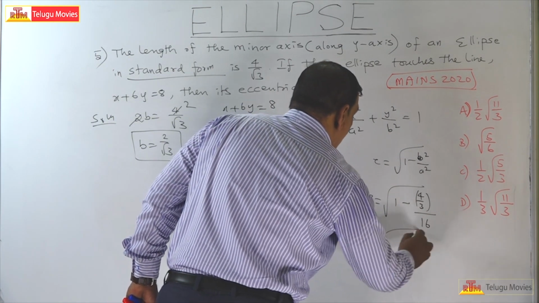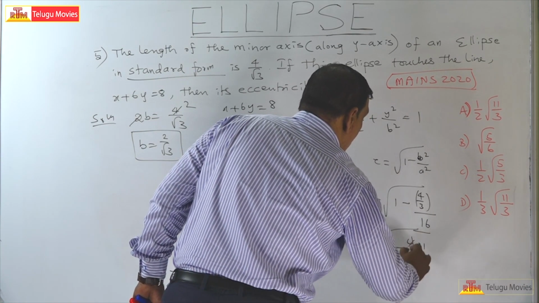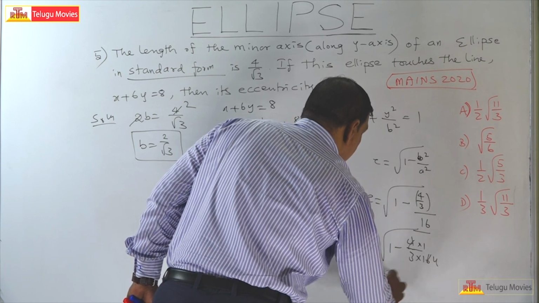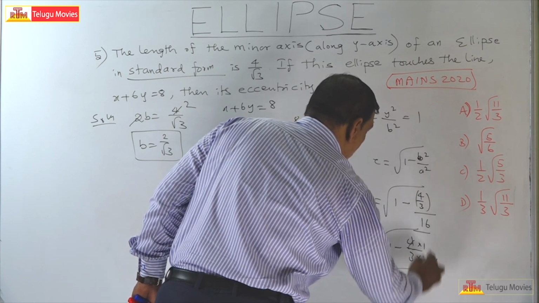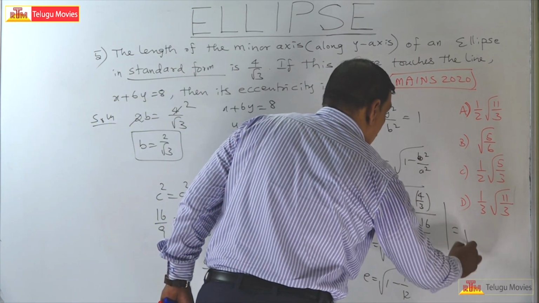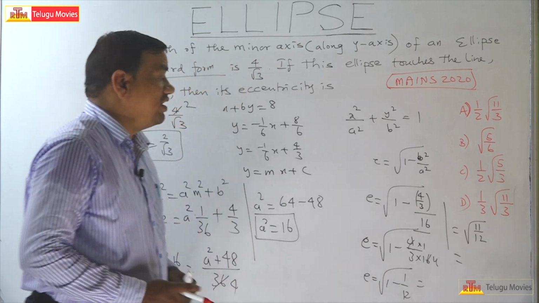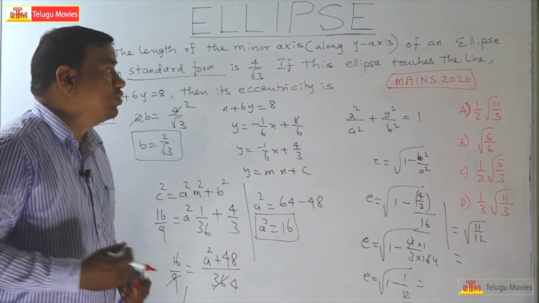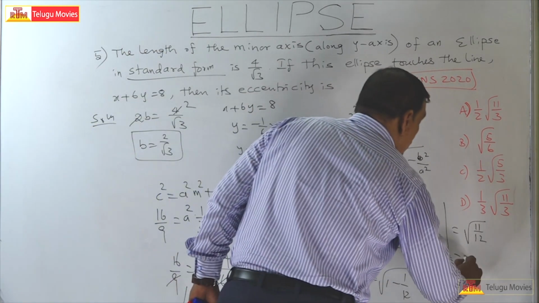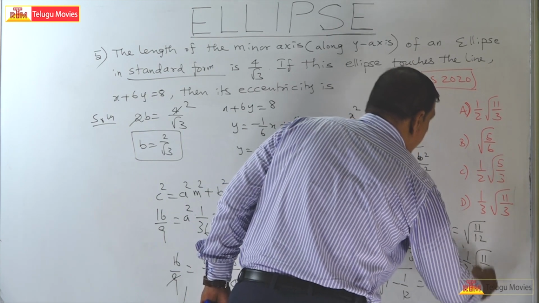So e is equal to root of 1 minus 4 by 3 into 1 by 16. 4 ones are 4, 4 fours are 16. So e is equal to root of 1 minus 1 by 12, which is root of 11 by 12. Root 12 means 2 root 3, so we can write it as 1 by 2 root of 11 by 3.